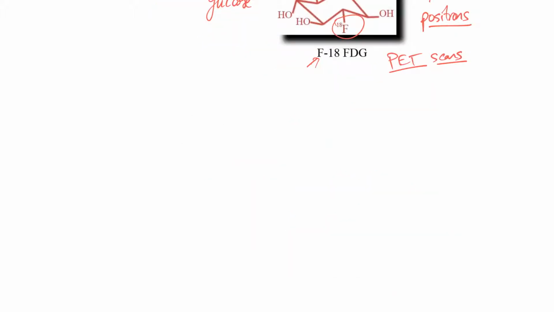We use these tags such as fluorine-18 in our FDG glucose molecule to allow specific physiological processes, the chemistry of life, to be examined. An example of that would be the uptake of glucose if you have a tumour in the body and normal tissue around it.